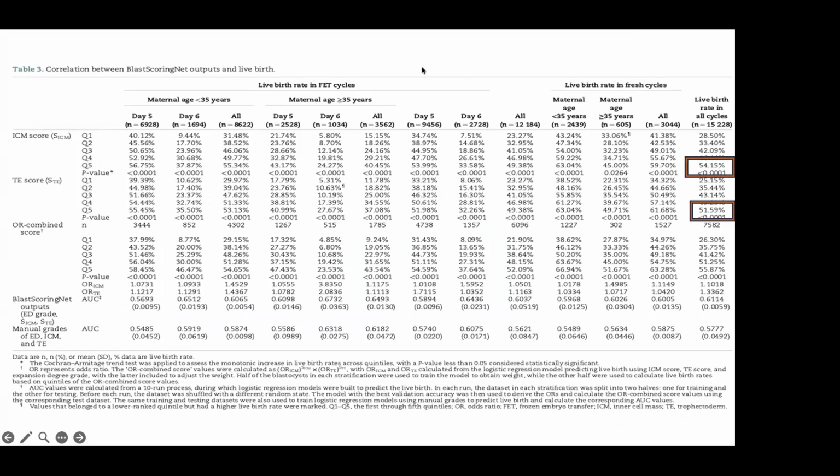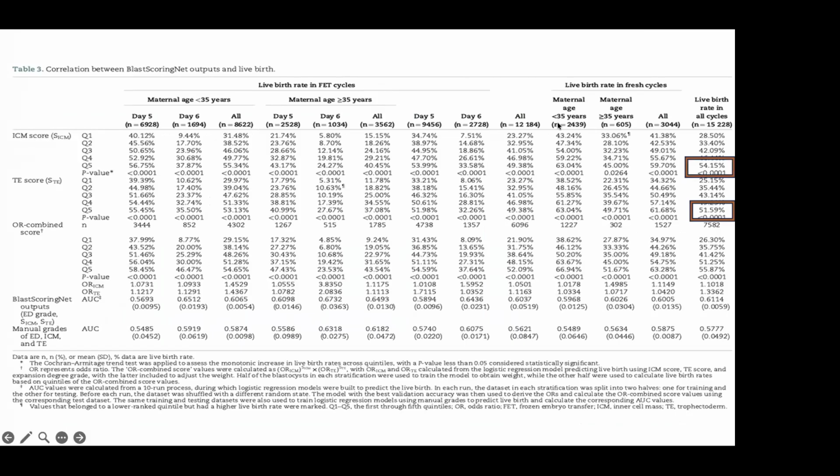Here there are also different scoring systems compared with maternal age, in the less than 35 and more than 35 categories. In ICM, Q5 is the highest, and in the highest one we have a 54.15 percent live birth rate in all cycles.